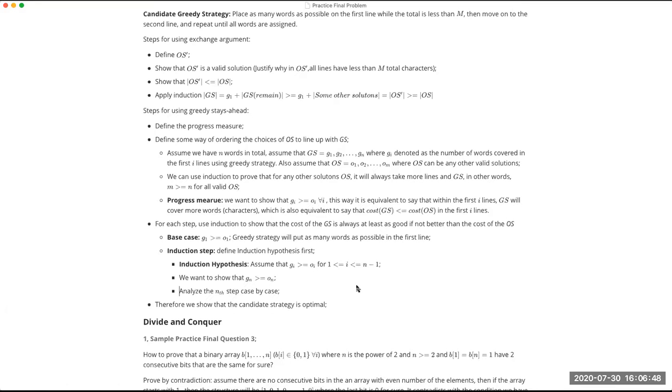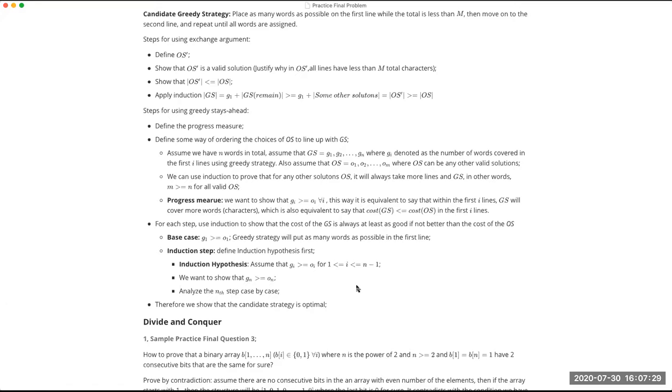If using the greedy strategy at the nth step we have covered all the points, then G(n) is 100% larger than O(n). But if we haven't covered all the points, then by the greedy strategy we cover as many points as possible in each line, and in the nth line, using the greedy strategy will cover more points than using other strategies. So in these two situations, G(n) is for sure larger than O(n).